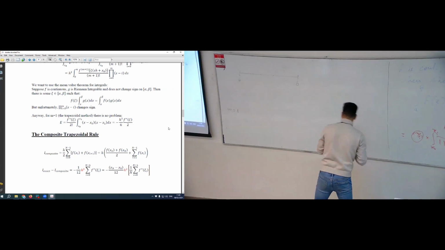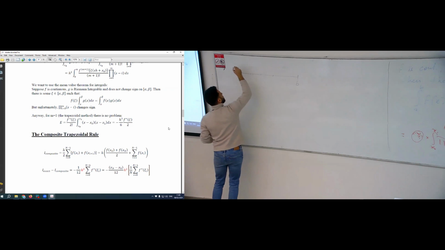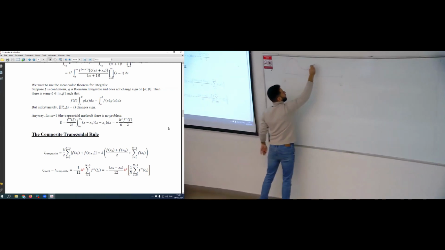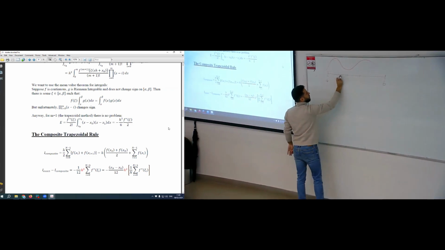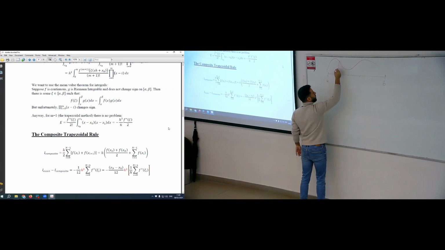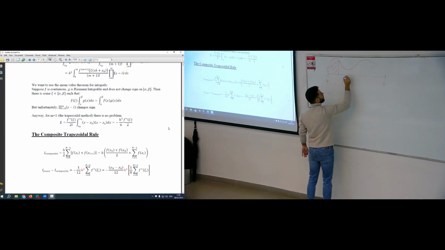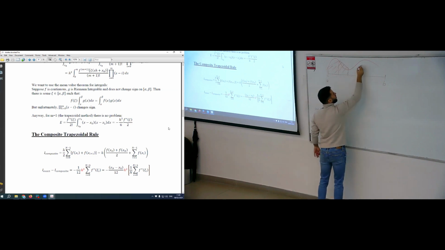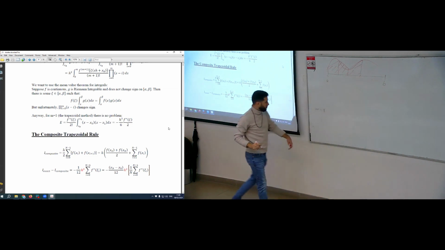We know, for example, if the function is this, so we take this, this, this area, this area. That's my trapezoidal method.